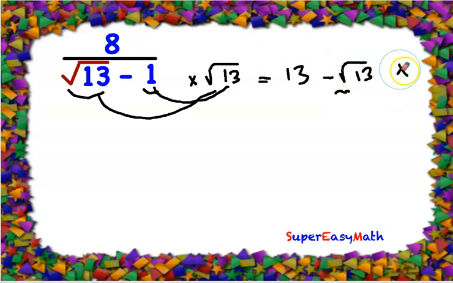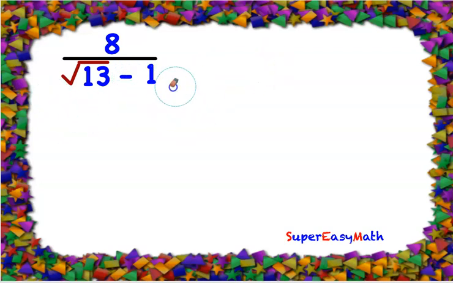What we can do is multiply the denominator by its conjugate. What's a conjugate? It's the same number, but here we will have a positive sign instead of negative. So just multiply it by square root of 13 plus 1. And the same for the numerator.